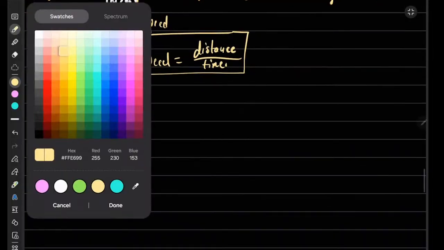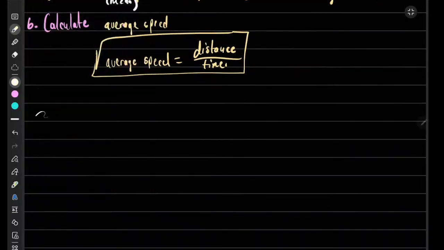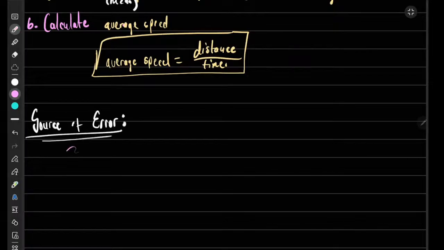Now, source of error. We always need to put the source of error. Say the human reaction time.